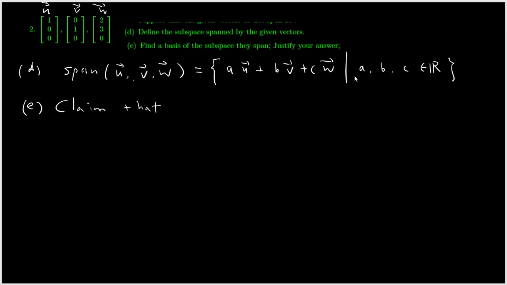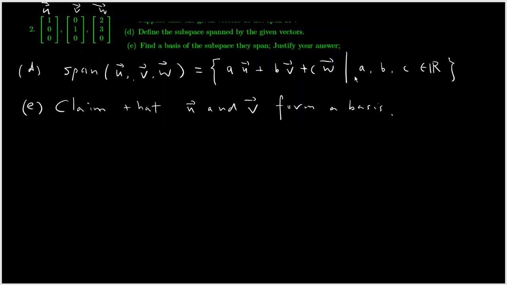Okay, we claim that U and V form a basis. We want to show the two vectors form a basis. Verify the two conditions.